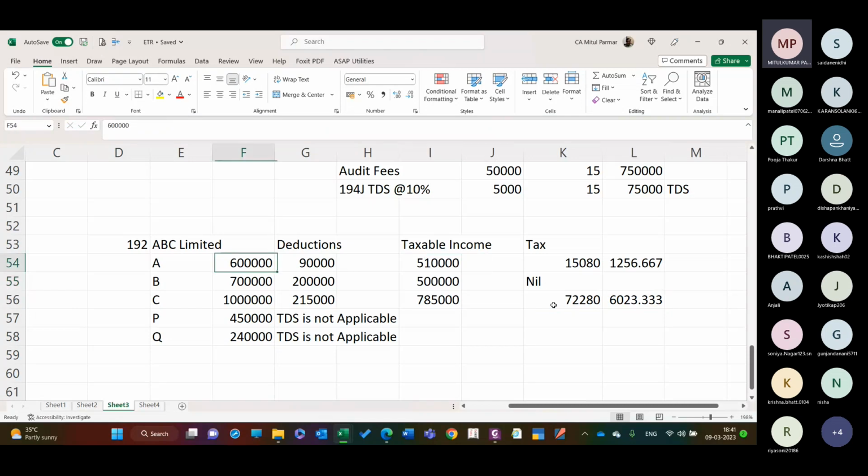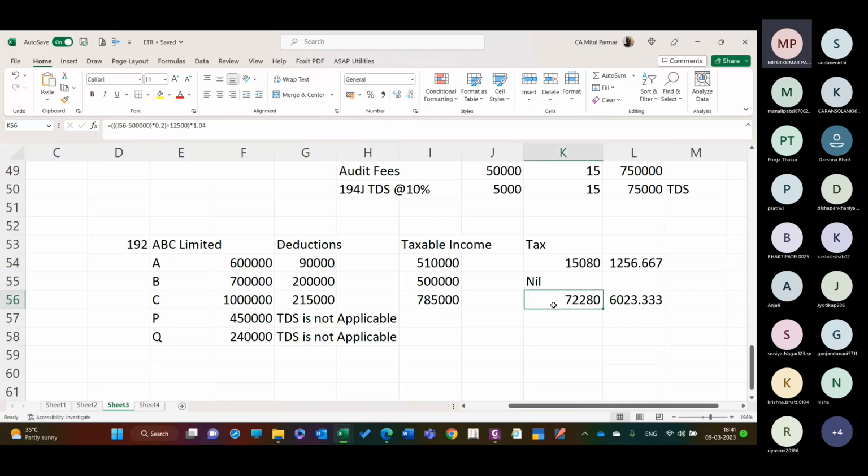In case of A, it should be deducted at 1,260, and in case of C, the TDS is to be deducted every month at 6,024 or 6,030, whatever it would be, rounded off.